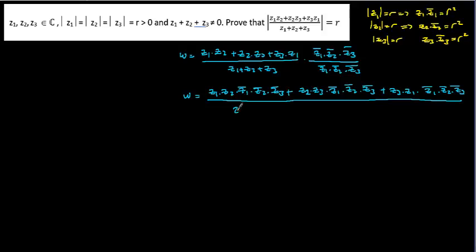Z1 times Z1 conjugate times Z2 conjugate times Z3 conjugate, plus Z2 times Z1 conjugate times Z2 conjugate times Z3 conjugate. I'm applying the distribution law, as you understood. And the last one is Z3 times Z1 conjugate times Z2 conjugate times Z3 conjugate.